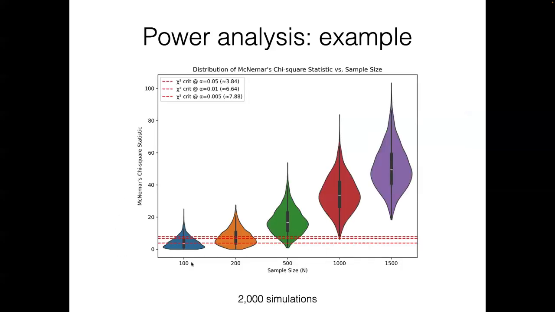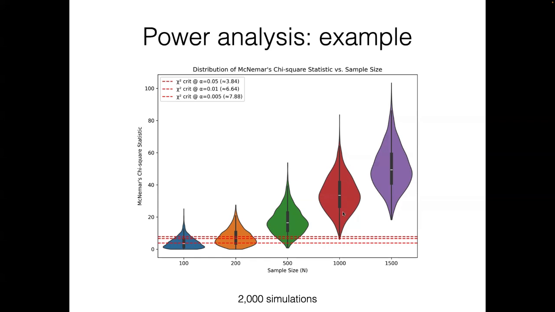So you can see here that if you have a sample size of 100 and you do 2,000 simulations, then here's the chi-squared statistic, and here's the different significance thresholds. So you could see that if you only have 100 data points, it's often not a statistically significant difference.